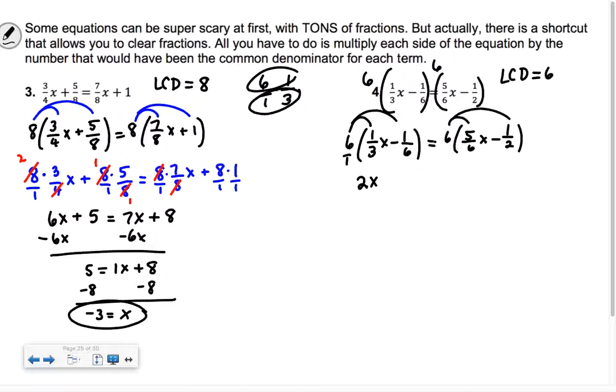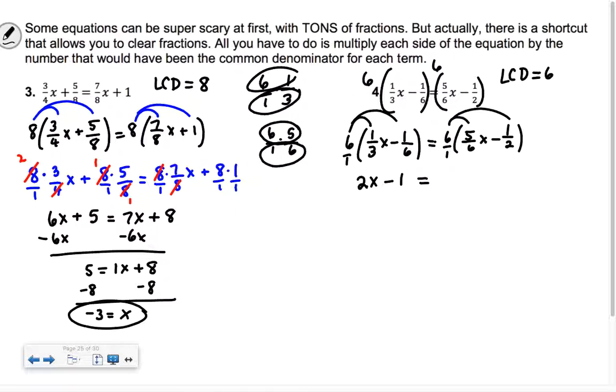So we get 2x. The next one we have 6/1 times 1/6. What do we get? So -1, since 6/6 was 1. And then we have 6/1 times 5/6. Well, what's that? It's 30/6.